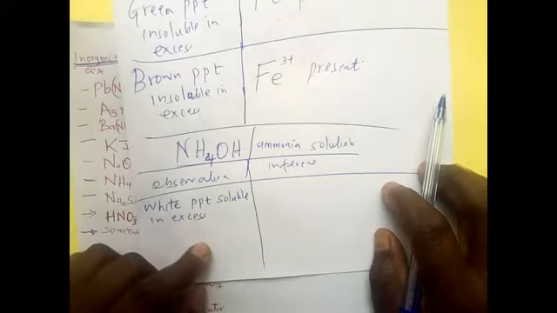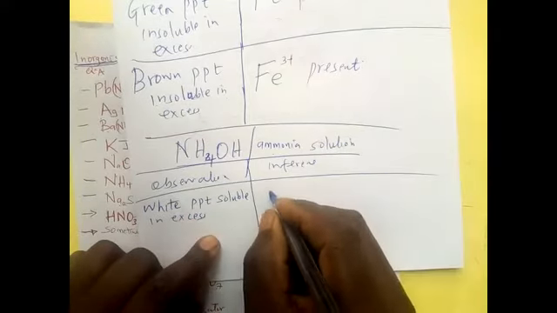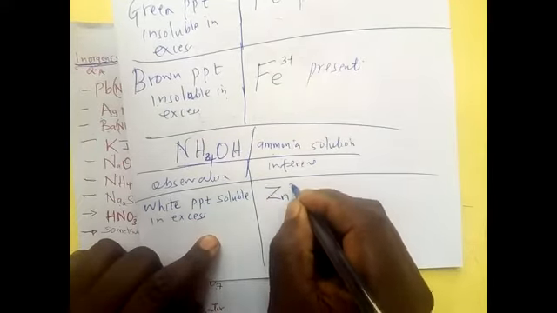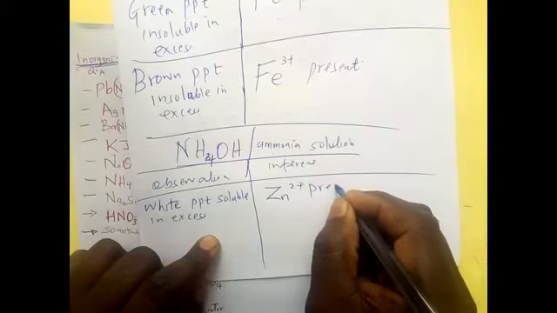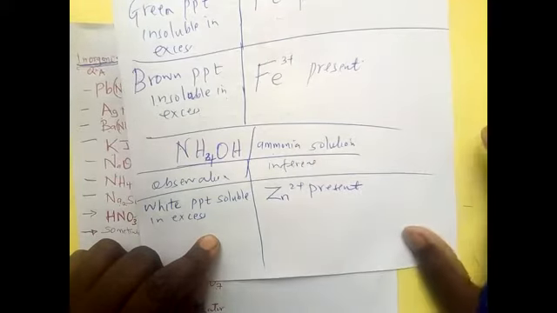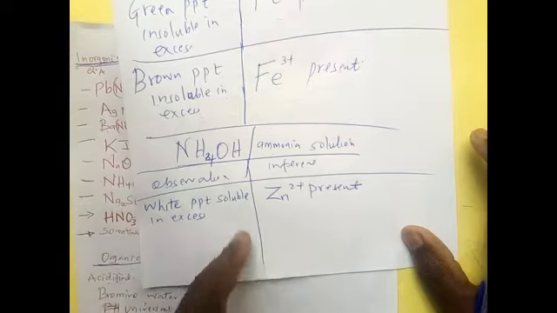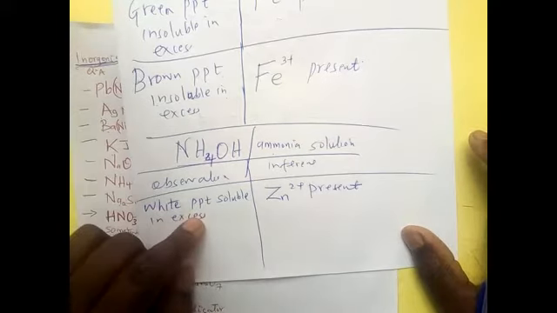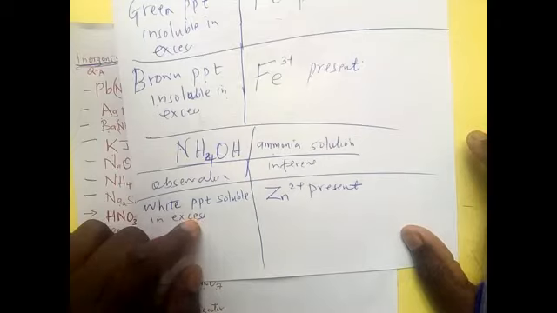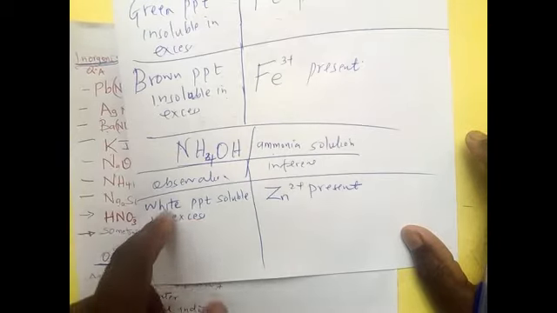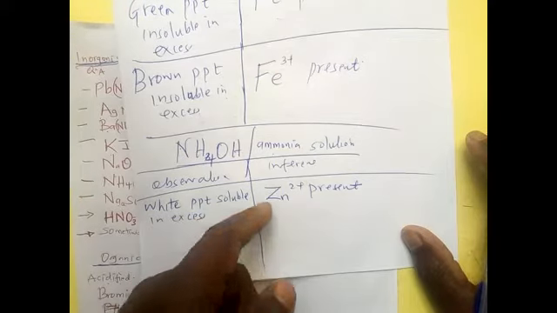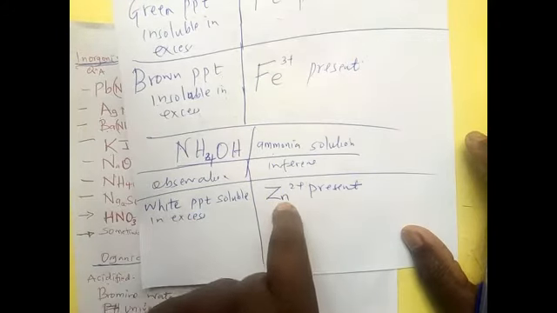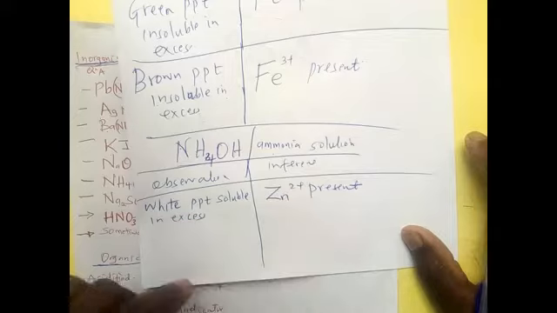That simply tells you that the zinc 2 ion is present. It forms a white precipitate. Then when you put in excess, it forms a complex, which we call tetraamine zinc 2 ions, so it dissolves to form a colorless solution. That confirms that zinc 2 ions are present.